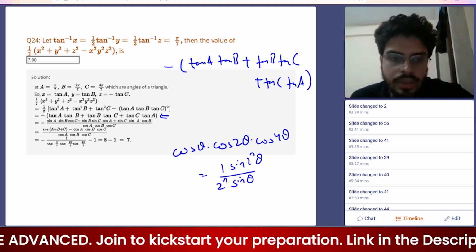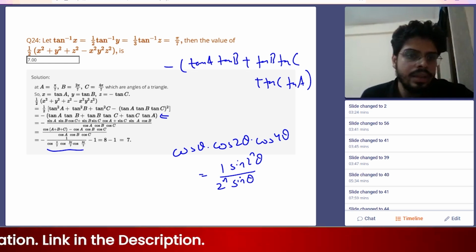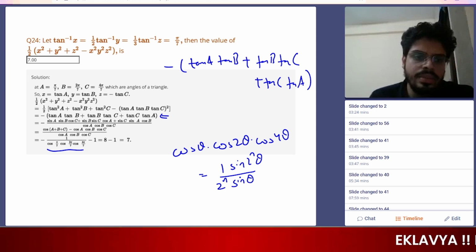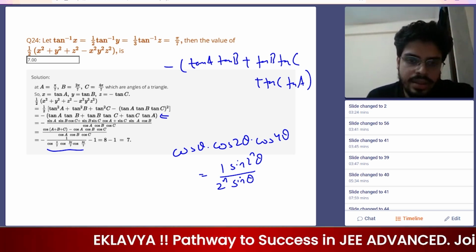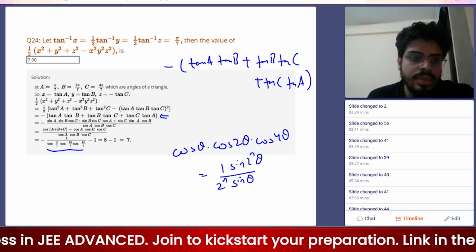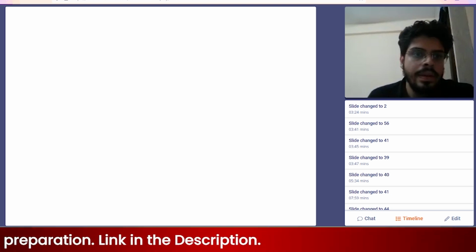So we can use this formula to find the denominator, and the numerator will be cos pi, which is -1, and this will cancel out, so this will become 1. So this value turns out to be 1 by 8, -1 by 8. So 8 minus 1, 7. Okay, fine.